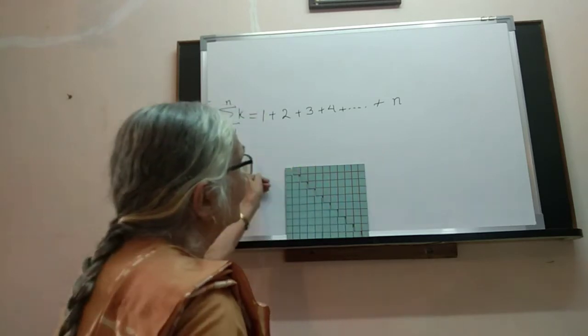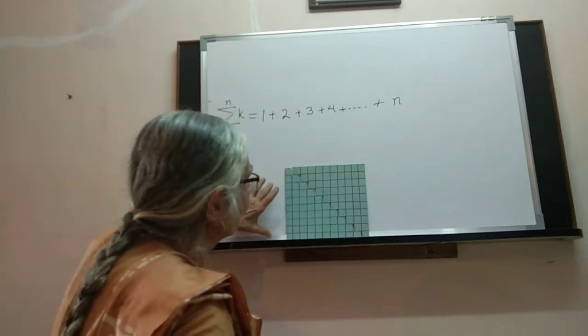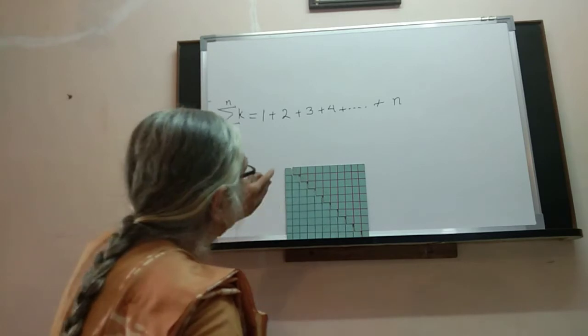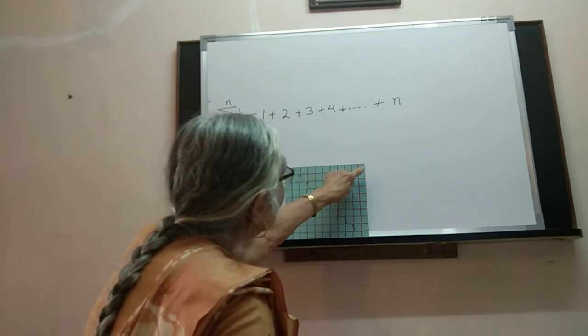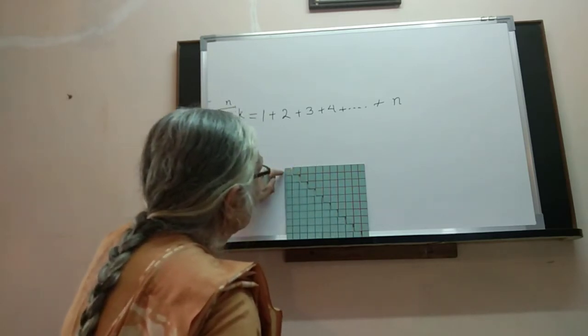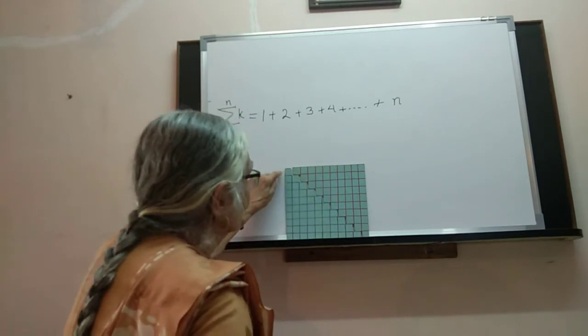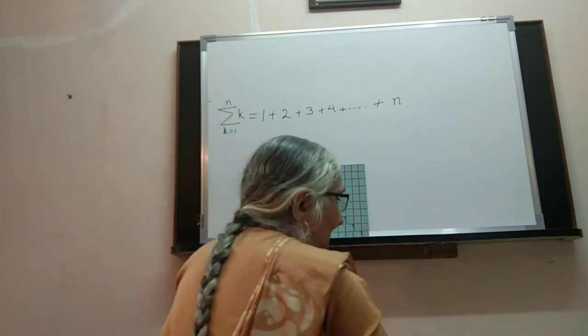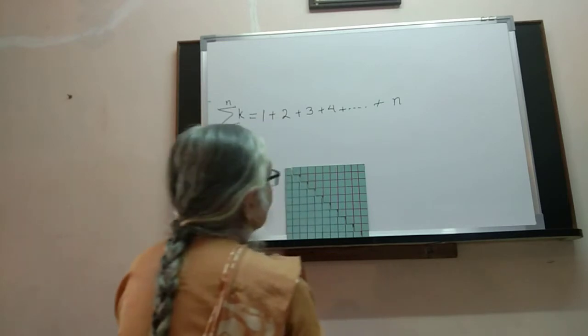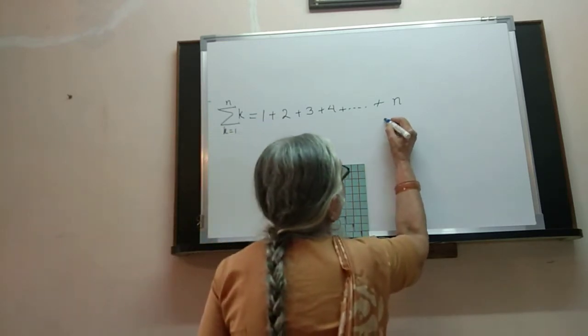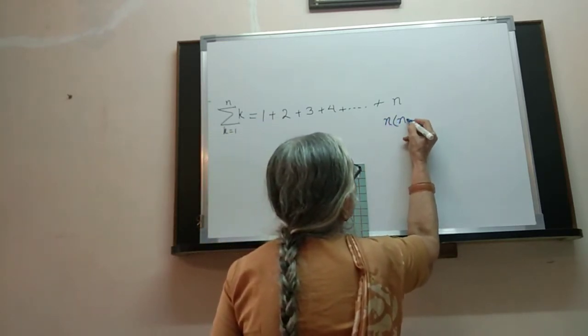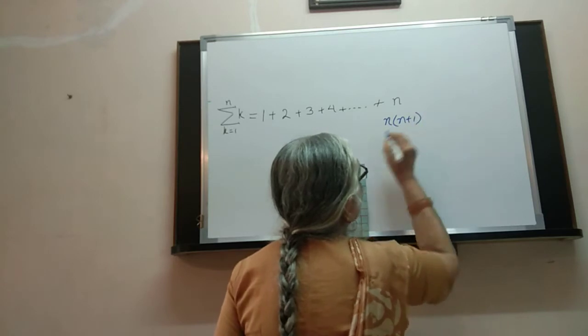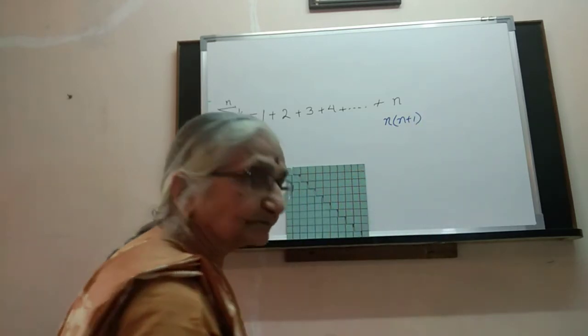How many at the top? So this length is n, if we call this 1. We know this is n, and we have 1 extra, so this is n plus 1. So the entire area now is n into n plus 1.